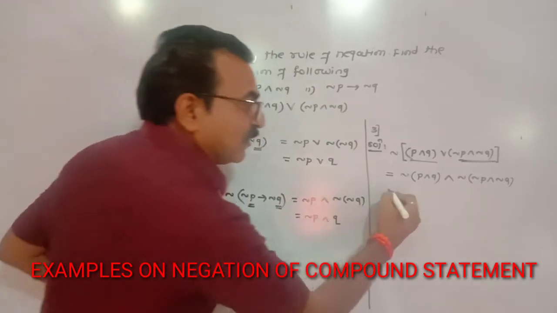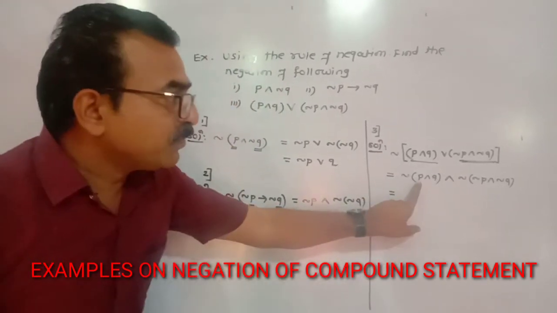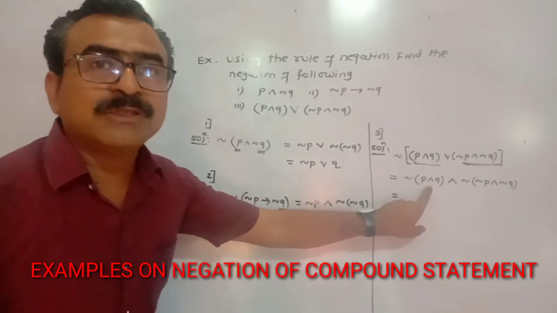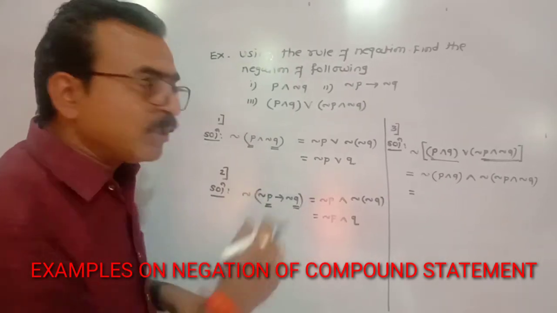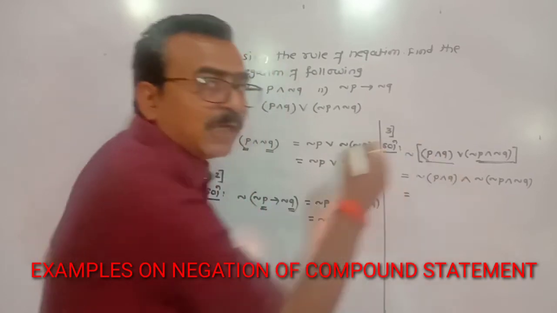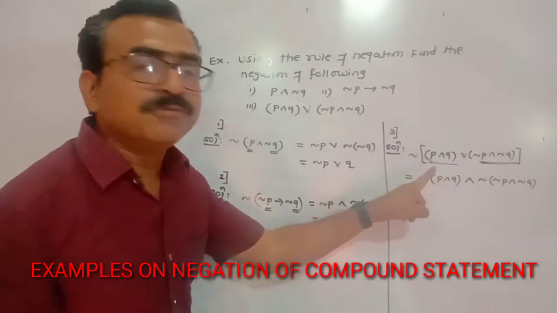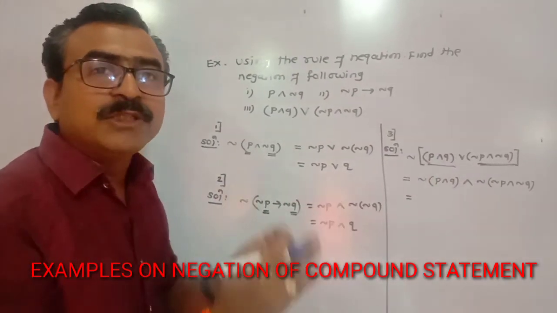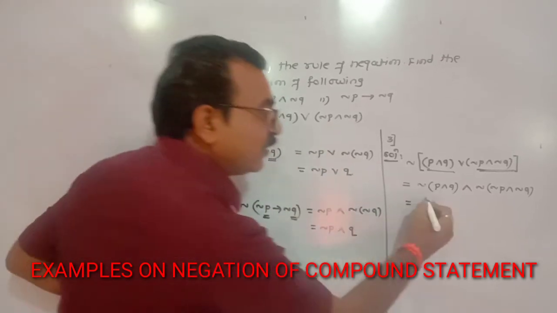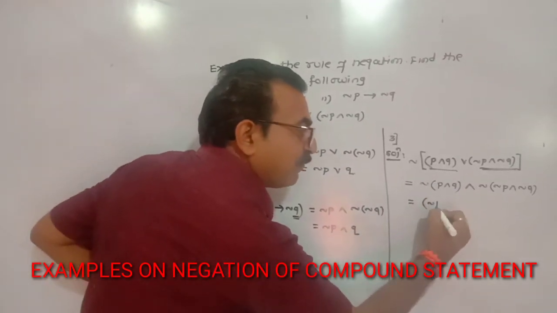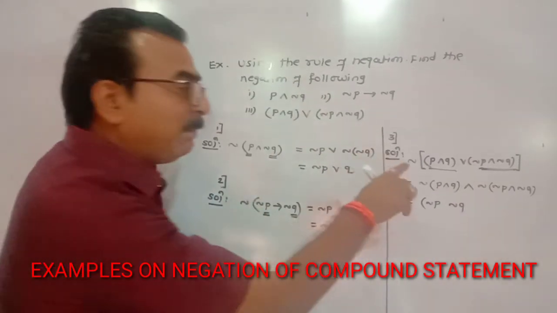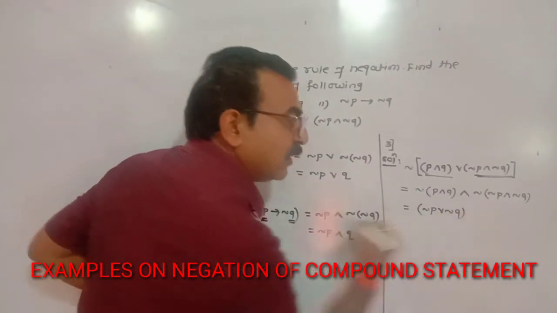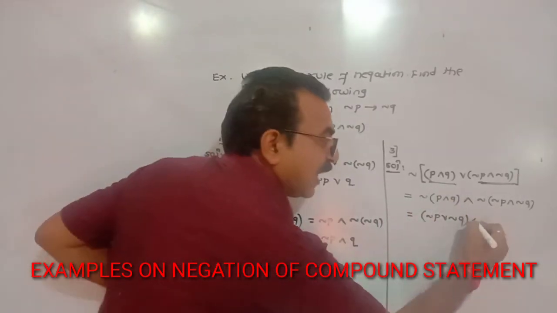Now simplify further. In the first bracket, two statements are given which are connected by AND, so perform the negation here. In the first bracket there are two statements, P and Q, connected by AND. According to the rule of negation of conjunction, perform the negation of the first statement, then the negation of the second statement, and replace AND by OR. Understood? Now this AND as it is.